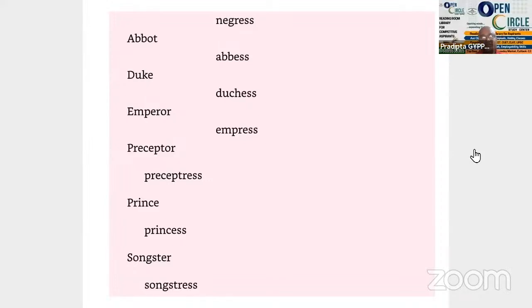Duke. Duke again is a person in the court of the King of England who works as a governor of one territory. Duke, Duchess, Emperor, Empress, Preceptor, Preceptress.